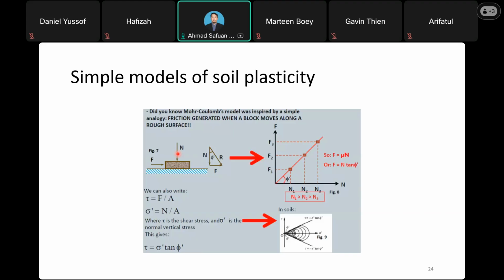So this gives tau equal to effective stress times tangent phi, to get the shear stress value of the soil.